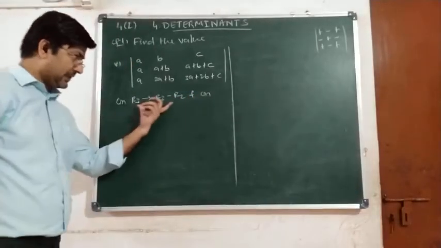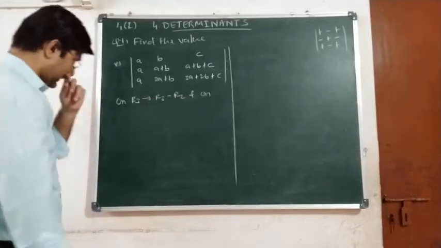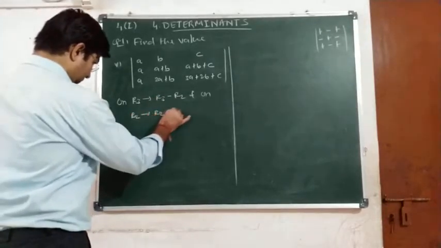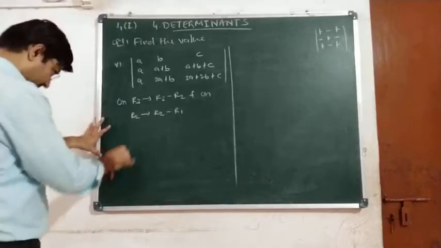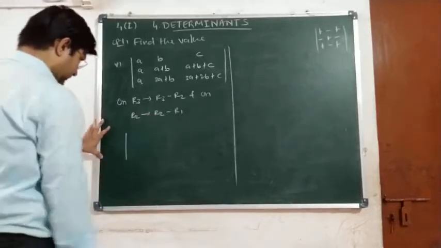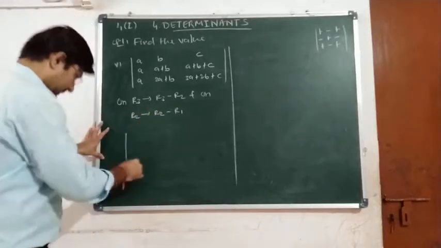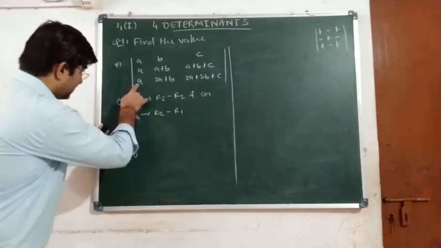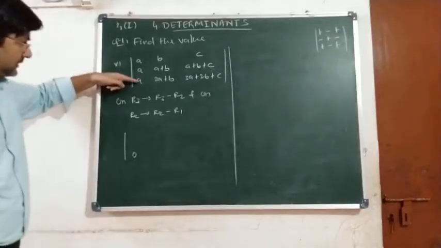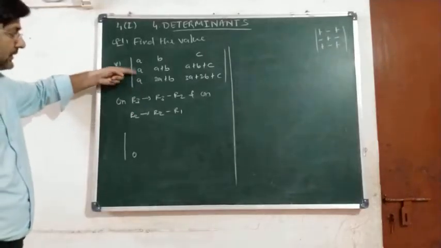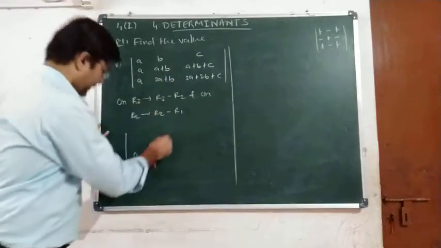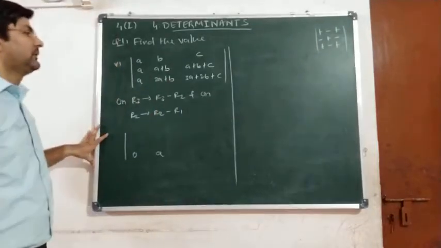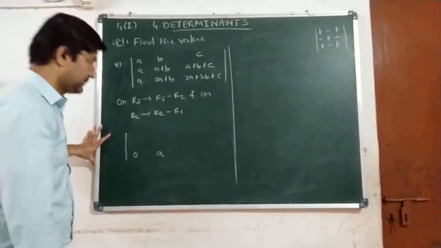After we have carried out this operation, we carry out the next operation on R2 minus R1. First R3 minus R2 we are doing on R3, so let us change R3. Third row minus second row, so a minus a is 0. Here only a is left and here we are left with 2a plus b.